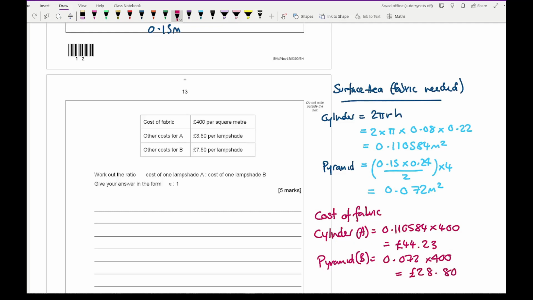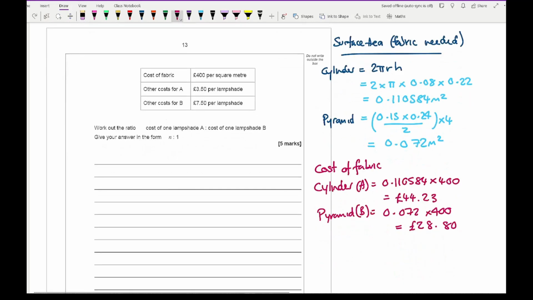And now for this, what I then need to do is add on these two amounts. So here, if I've got A and B, I've got 44.23 and 28.80. I've got to add £3.50 to this one, and I've got to add £7.50 to this one, and that comes up to a total of £47.73 and £36.30.